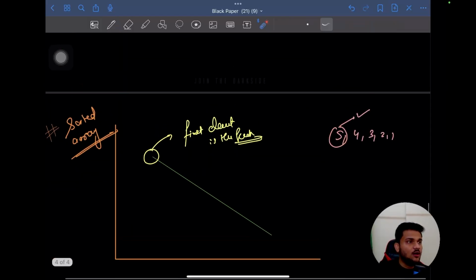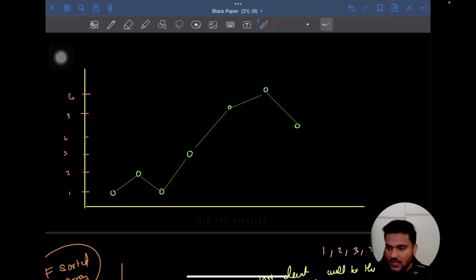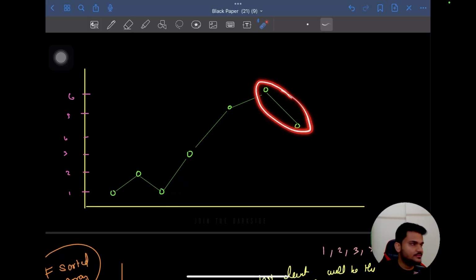Okay. Now an interesting part that I can propose is, don't you think that an unsorted array is technically a collection of a sorted array, sorted array, sorted array, and a sorted array, right?